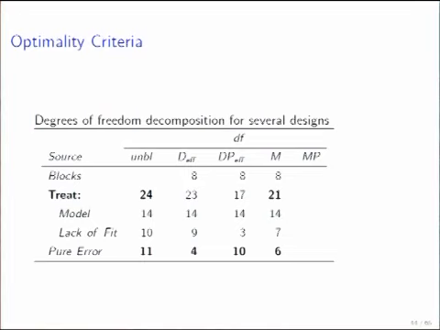And for the pure error version of the M criterion, we get 3 degrees of freedom from pure error going for blocking, and the other 5 from lack of fit.